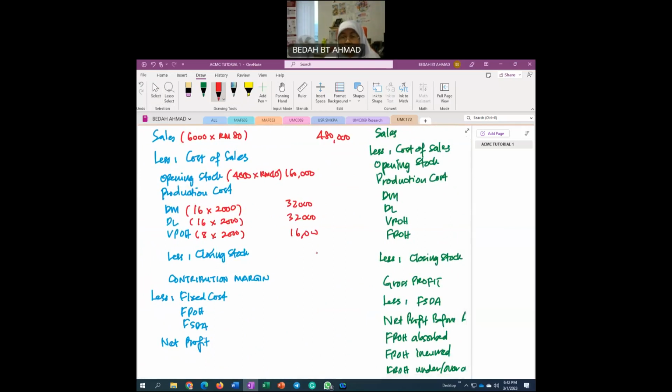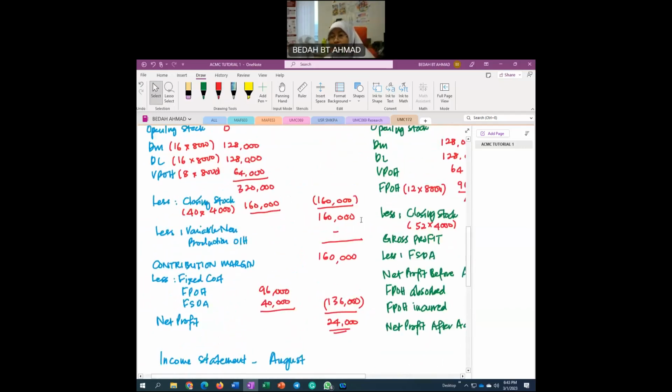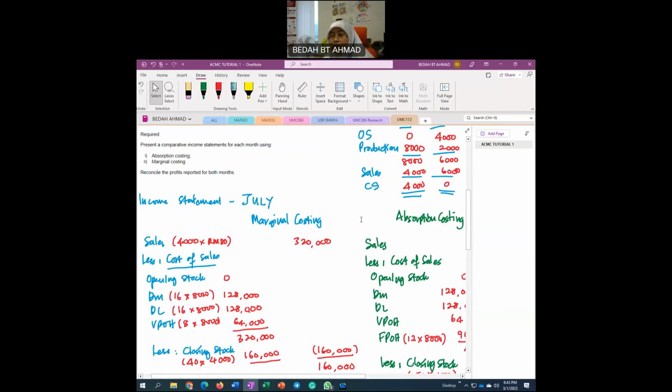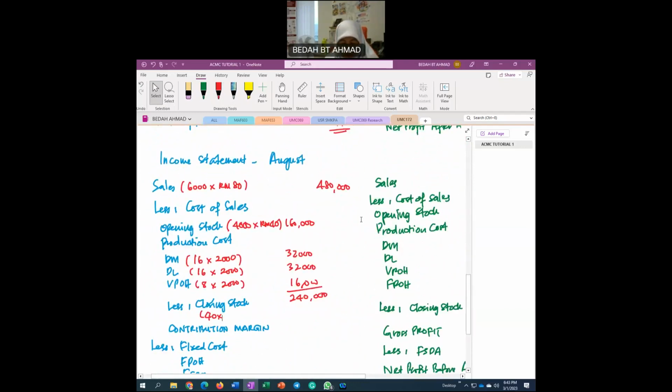So the figure is 32, 64 plus 16, so it is 80,000. Plus the opening stock, it is 240,000. Okay, less the closing stock. So closing stock here is 40 multiplied by, as we computed just now, there's no closing stock.